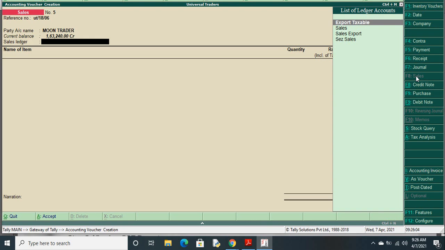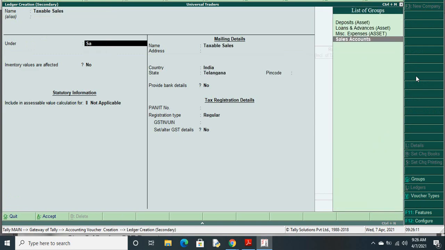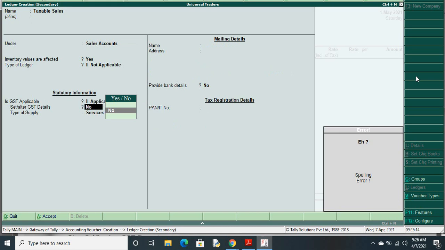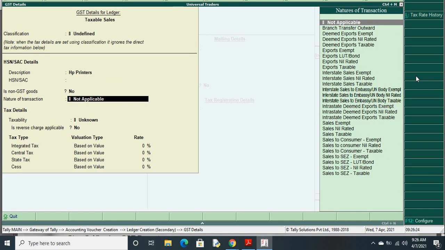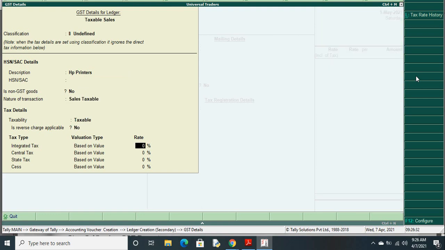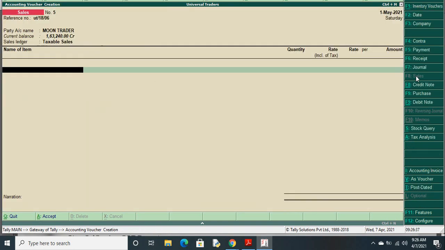Here Alt C, taxable sales, under sales, yes, HP printers, sales taxable, 18% goods. So the name of the item is HP printers.